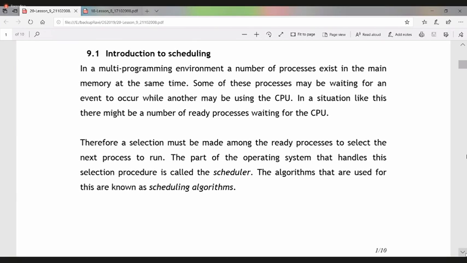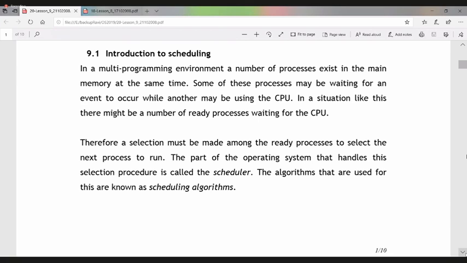Selection must be made among the ready processes to select the next process to run. The part of the operating system that handles this selection procedure is called the scheduler. The algorithms that are used for this are known as scheduling algorithms.